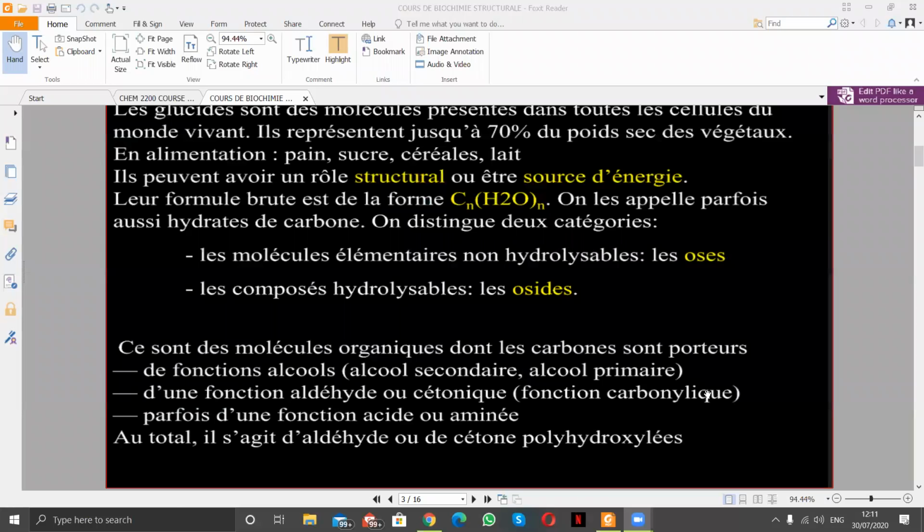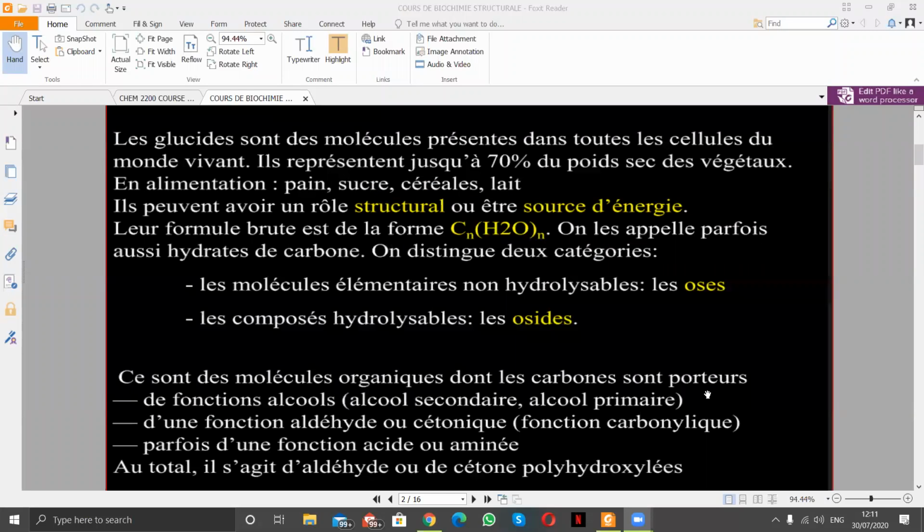Or in other ways, I can define a carbohydrate to be a biomolecule, a micromolecule, which is abundant on Earth.